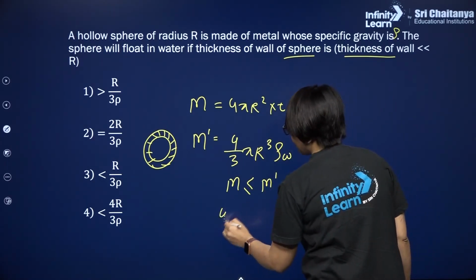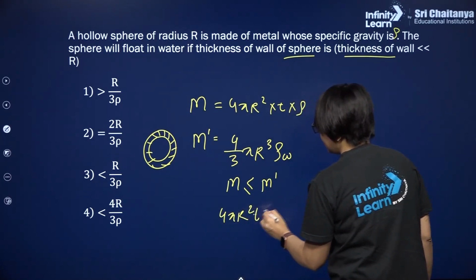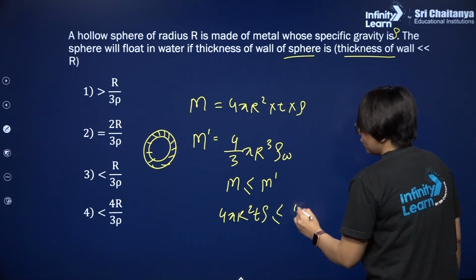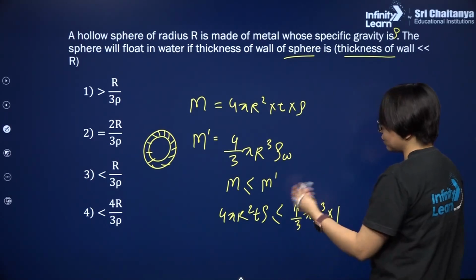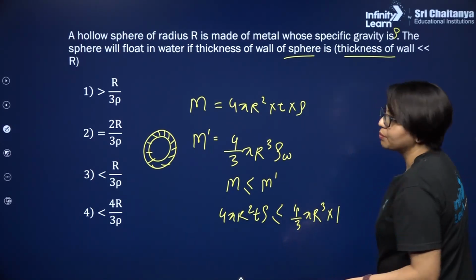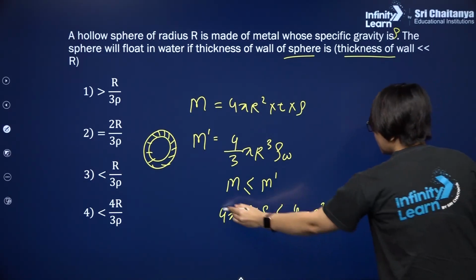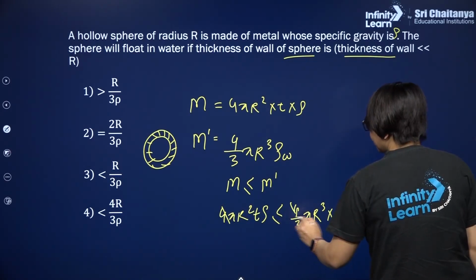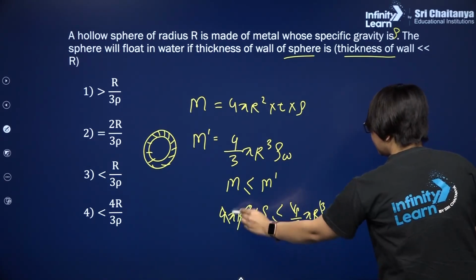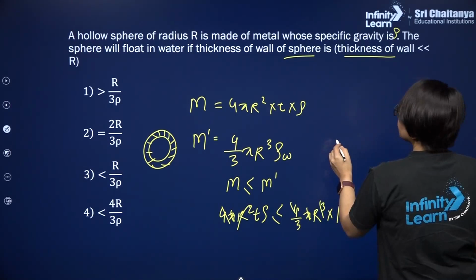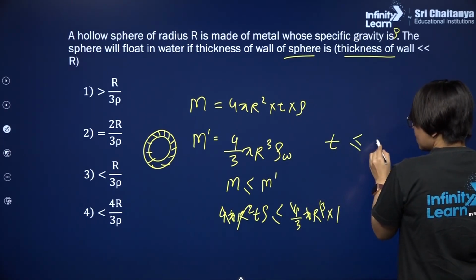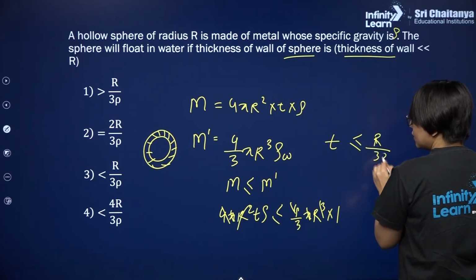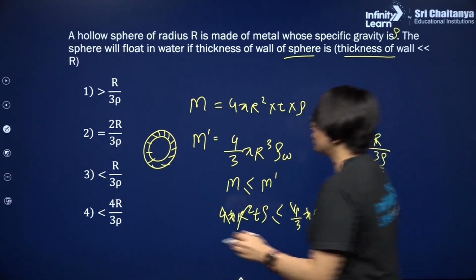So m is 4 pi r square t into rho should be less than or equal to 4 by 3 pi r cube into rho w, where density of water in gram per centimeter cube is 1. So over here 4 4 cancel, 1 r cancel over here, pi cancel. So this thickness t should be less than or equal to r upon 3 rho, which is option 3.